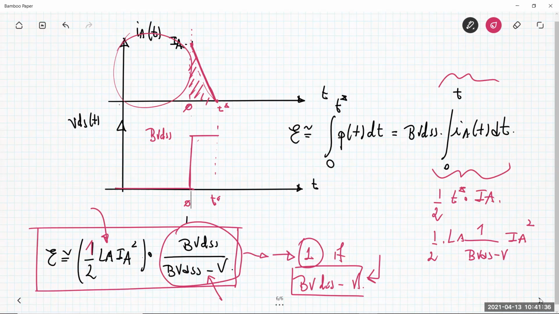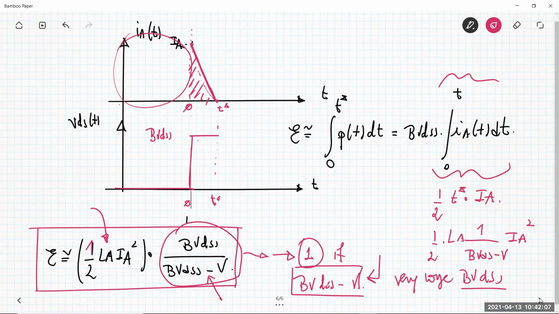There is a drawback, of course. You have to choose a MOSFET with a very large breakdown voltage. What happens when you choose a MOSFET having a very large breakdown voltage? The on-resistance, the resistance you put between drain and source to model the behavior of a closed switch, is increasing.